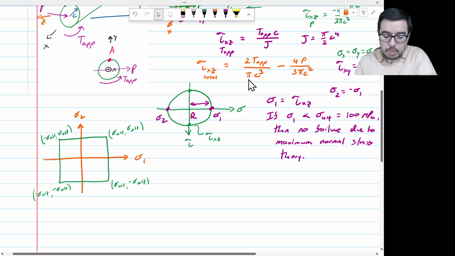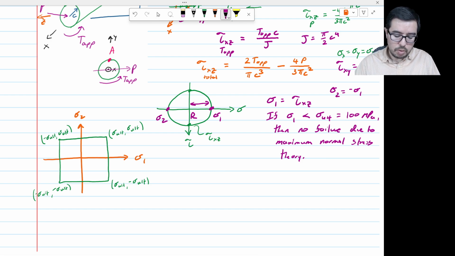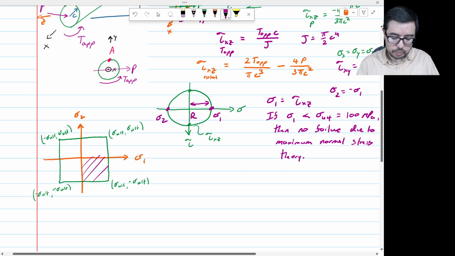So assuming this is positive, and sigma 2 is equal to minus sigma 1, which quadrant are we going to be in? We're going to be in this quadrant right here. I can extend it.